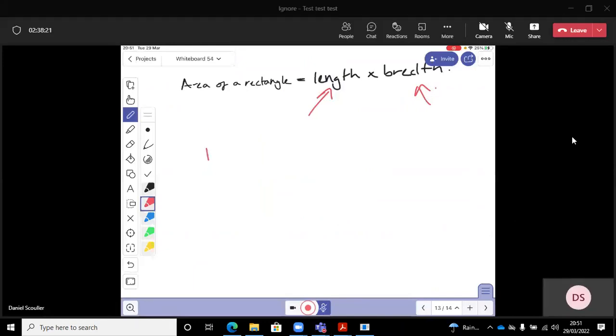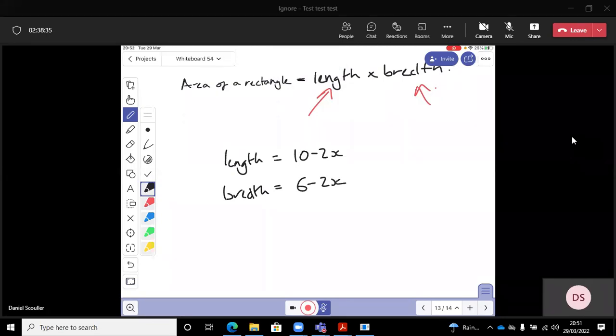Okay. So we came up with an expression for the length and the breadth. So the area is equal to length times breadth.